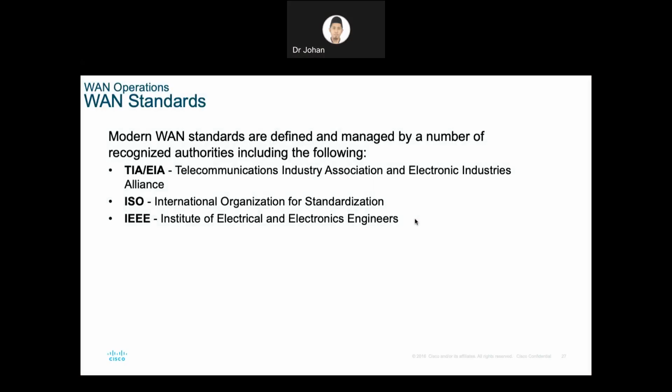TIA stands for Telecommunications Industry Association, EIA is Electronic Industries Alliance. ISO is another organization involved, the International Organization for Standardization, and also IEEE, the Institute of Electrical and Electronics Engineers.